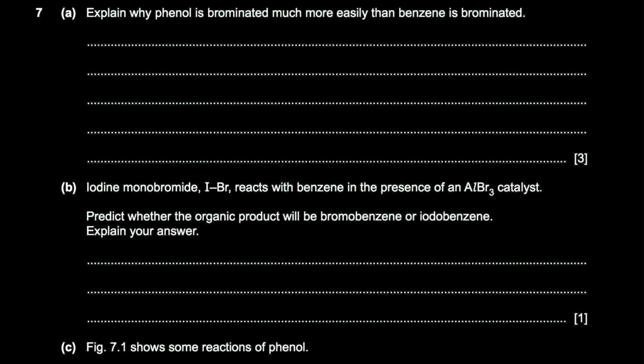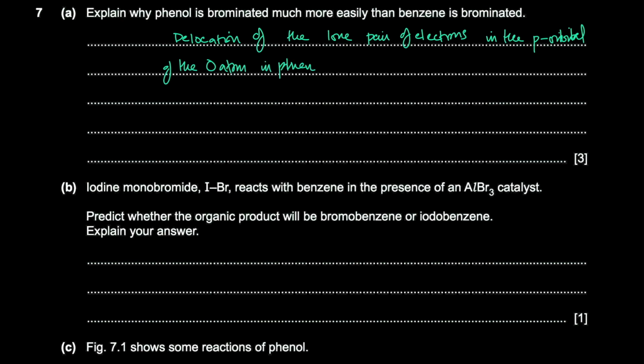And the reason is because the delocalization of the lone pair of electrons in the p orbital of the oxygen atom in phenol results in an increase in electron density.